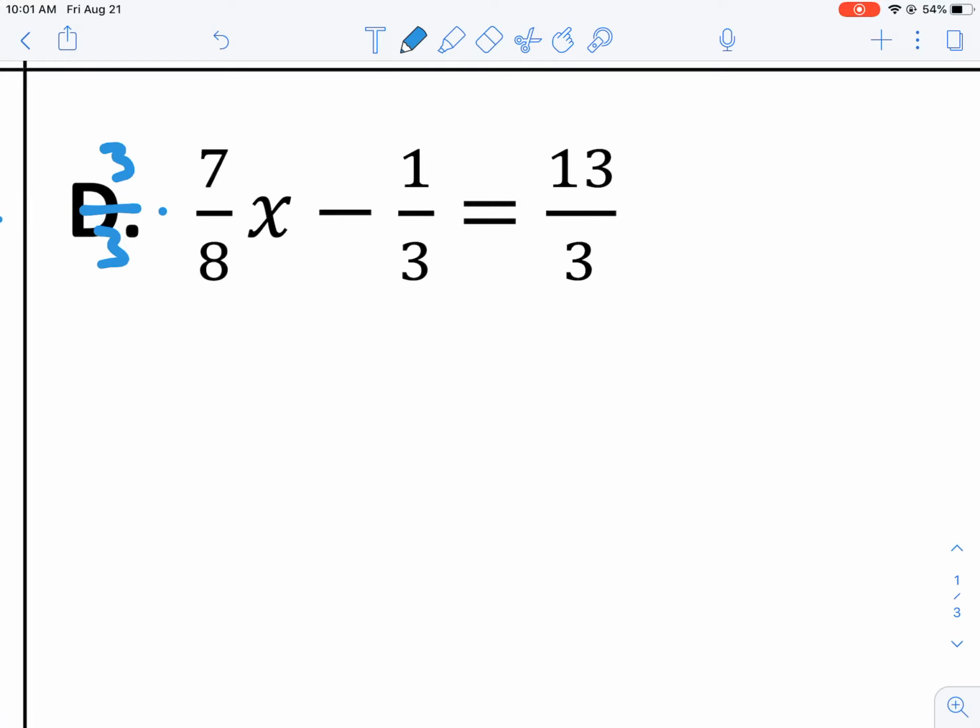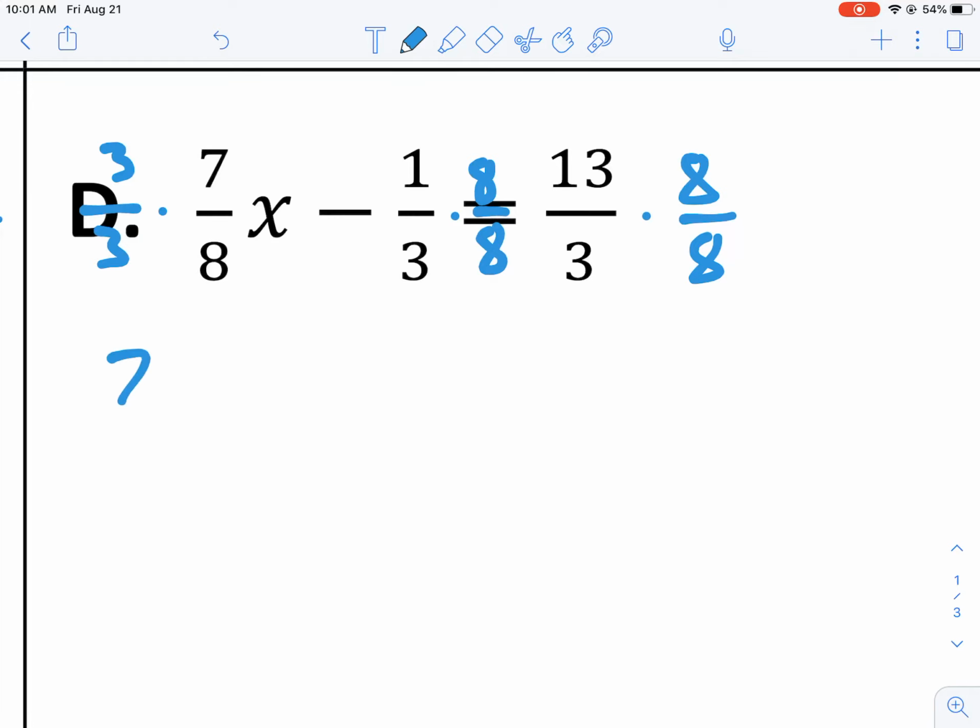So 8 multiplies by 3 to make 24. 3 multiplies by 8. So we're going to multiply both of these fractions by 8 over 8. So when you're finding a common denominator, remember you're multiplying on the bottom and on the top, right? You're scaling that whole fraction so that the number stays the same.